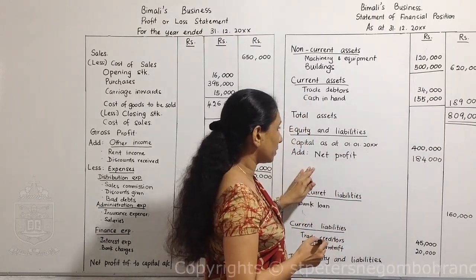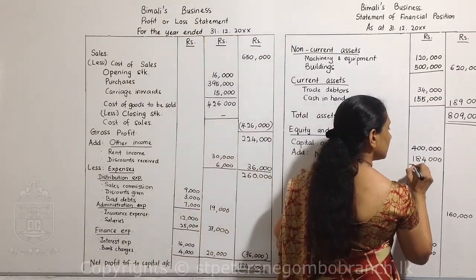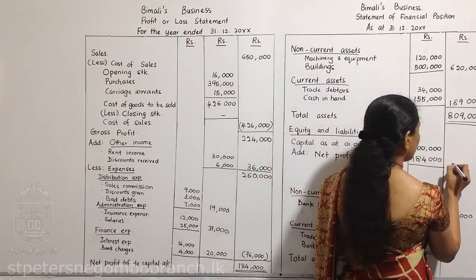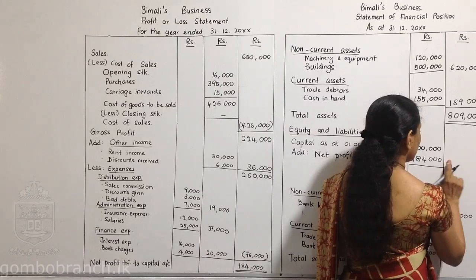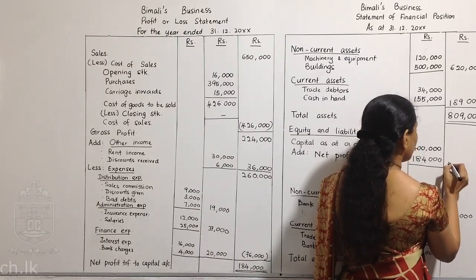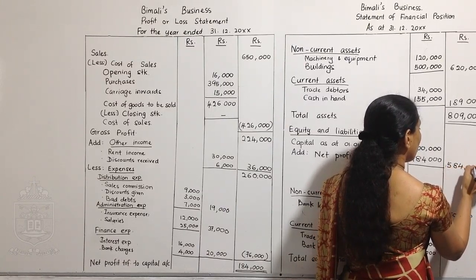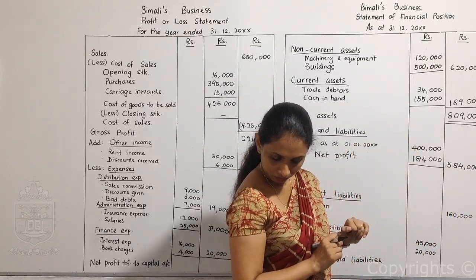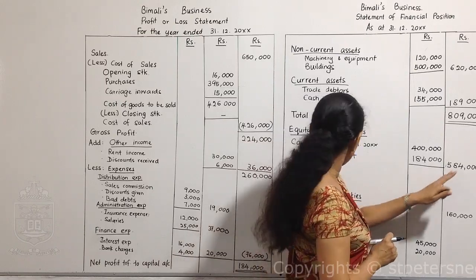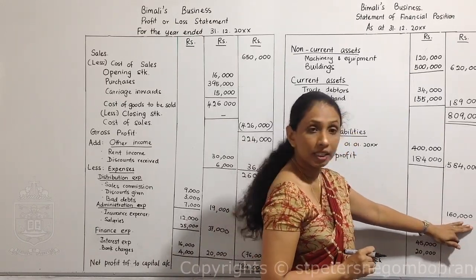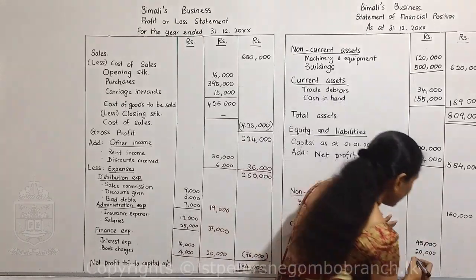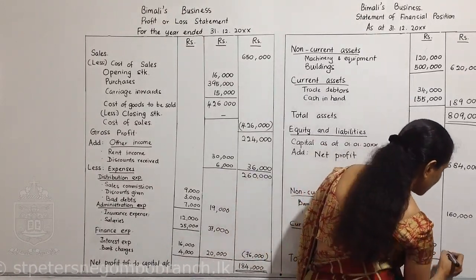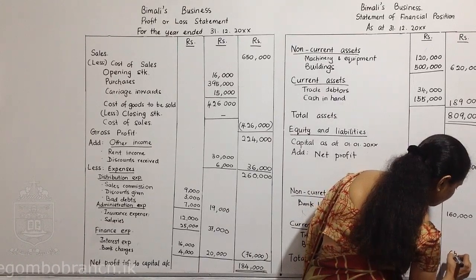Then let's go to the equity and liabilities section. We have 584,000 of closing capital. Then we have a non-current liability of 160,000. Then we have current liabilities of 65,000.